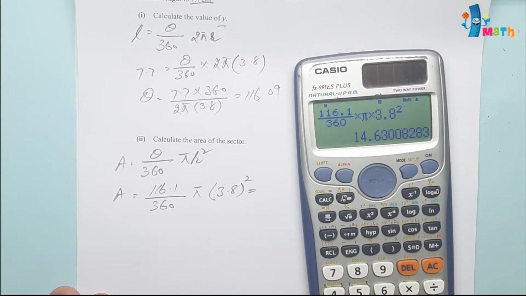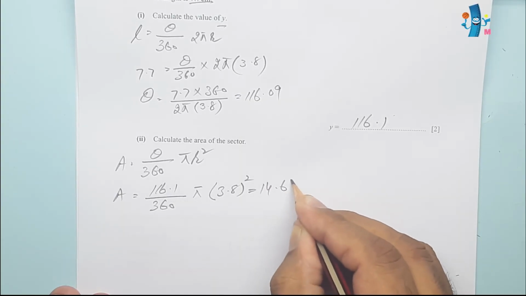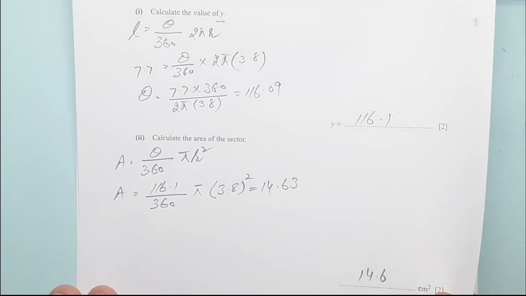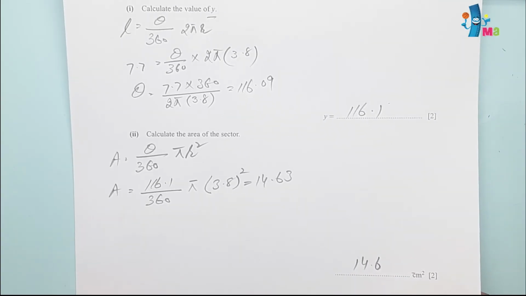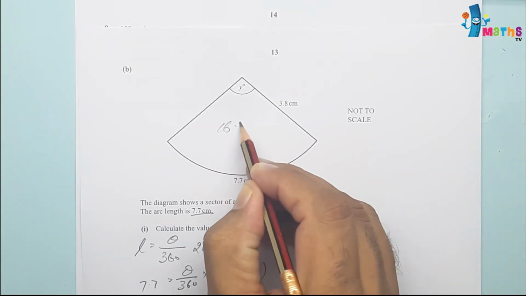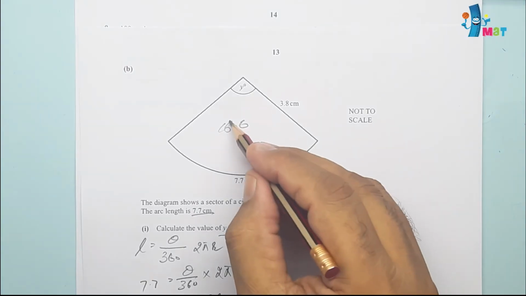This will be equal to 14.63. So our answer will be 14.6 centimeters squared. This will be the area of the sector.